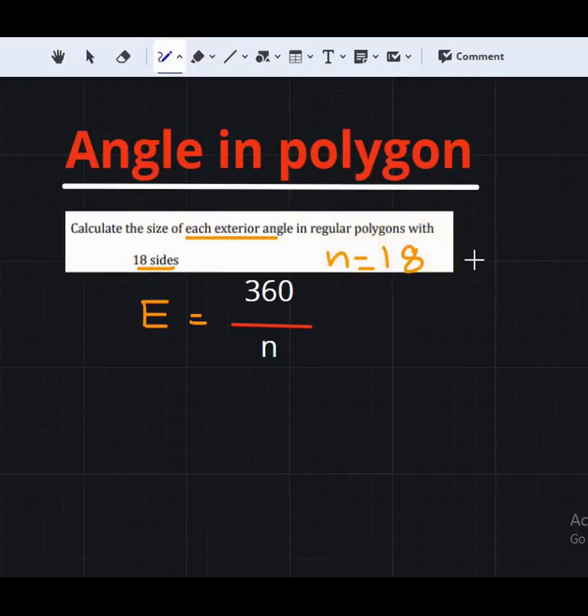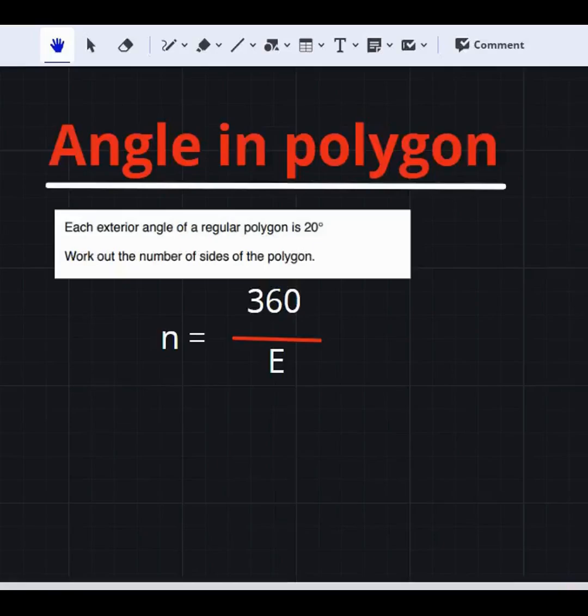The formula to find the exterior angle E is equal to 360 divided by n. So I just substitute n is equal to 18 there. So 360 divided by 18 is equal to 20. So 20 degrees is the size of each exterior angle of the regular polygon which has 18 sides.